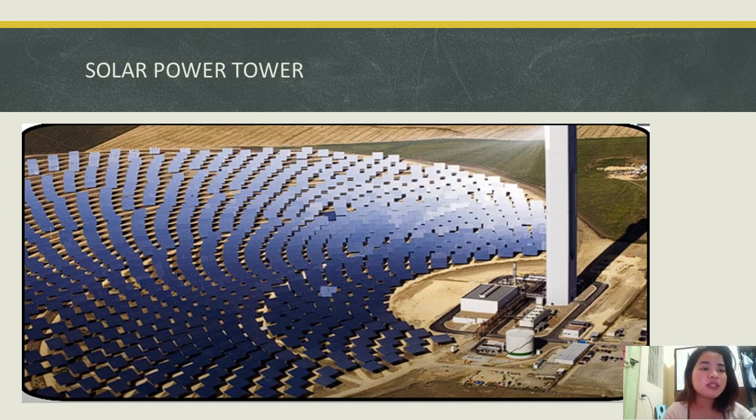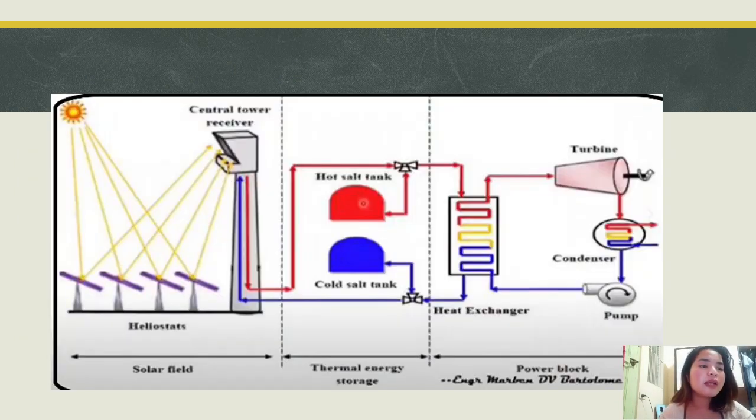And all the types of CSP are the same pagdating sa operating principle, but the difference is the manner of collecting sunlight. So, the schematic diagram of the power tower is the sun goes to the heliostats or the mirrors na i-collect niya naman papunta sa central tower receiver.